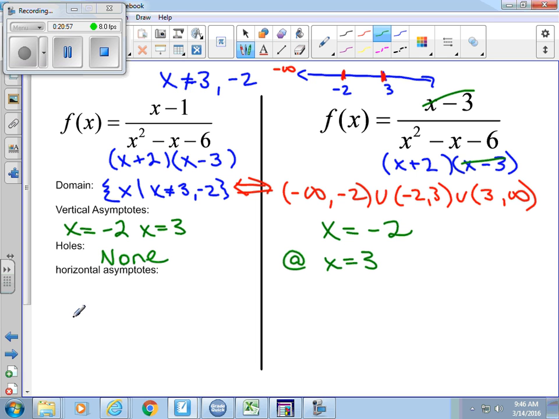So the first thing I look for is the degree. And on both of these, what do you notice about the degree on the bottom? It's bigger than the degree on the top. So what is the horizontal asymptote? Y equals 0. Okay. Any questions about that one? We're going to do some more examples.